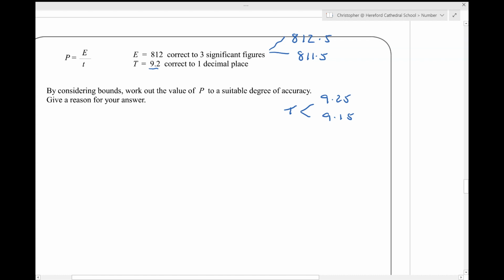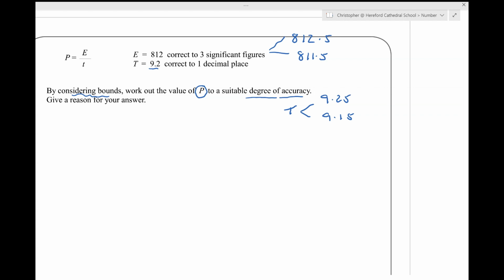Okay. By considering bounds, work out the value of P to a suitable degree of accuracy. So what it wants to know really is to what degree of accuracy can I go without it making a difference whether I'm upper bounding or lower bounding.